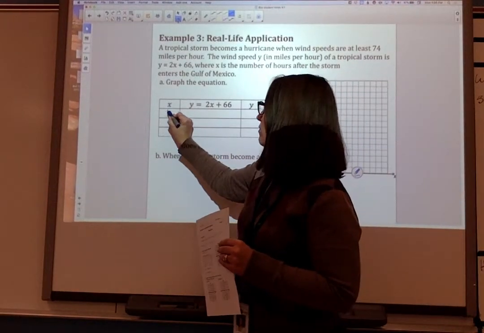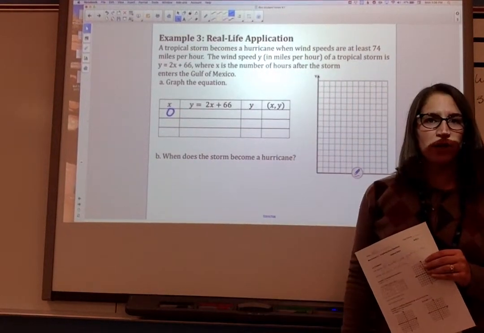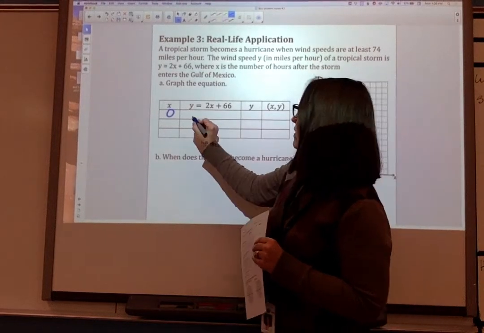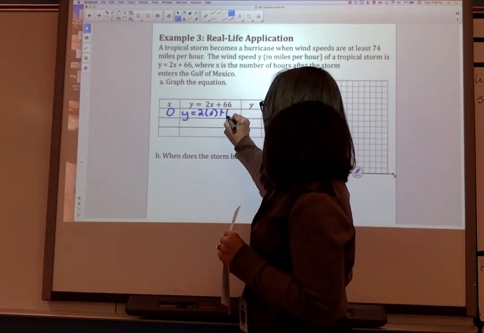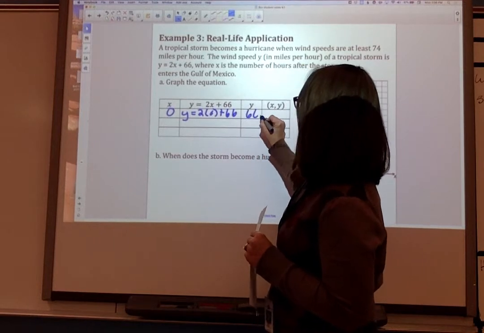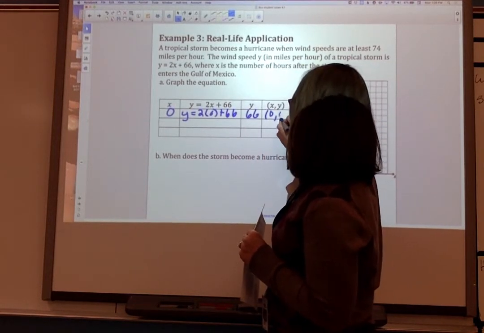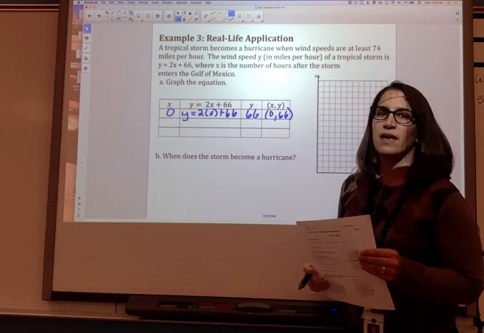So if x equals 0, that means it's right before the storm enters the Gulf of Mexico. Then y would equal 2 times 0 plus 66. So y is 66. So we have a point 0, 66.